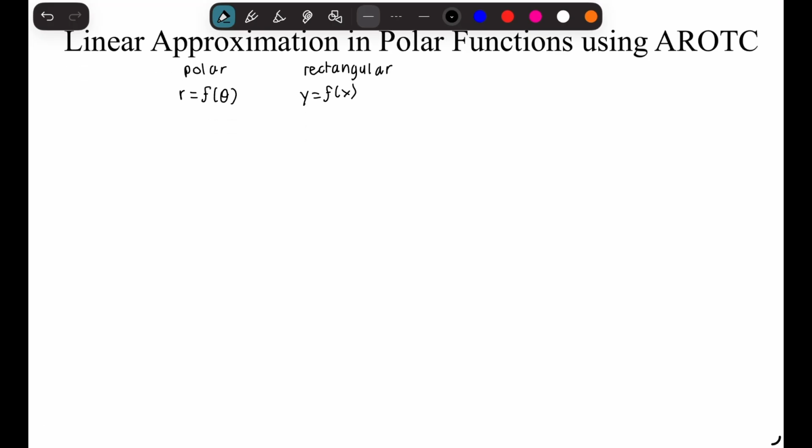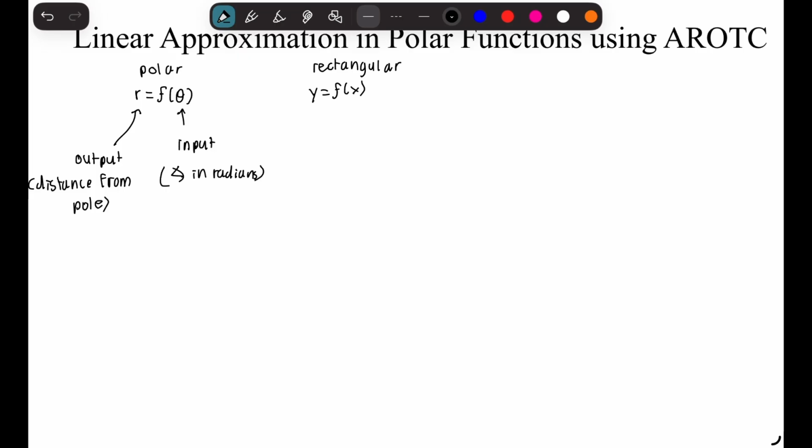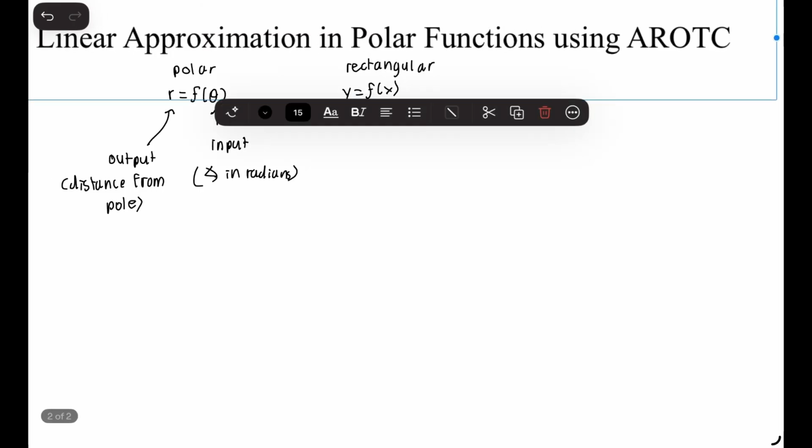In our polar function, theta is our input, our angle in radians, and we have our output, which is our distance from the pole. Now, in rectangular, we had our x input and our y as our output.